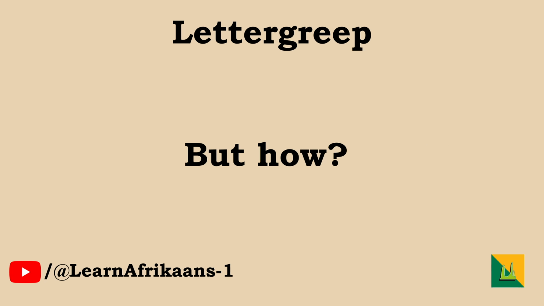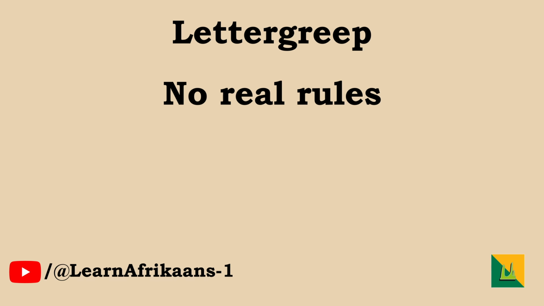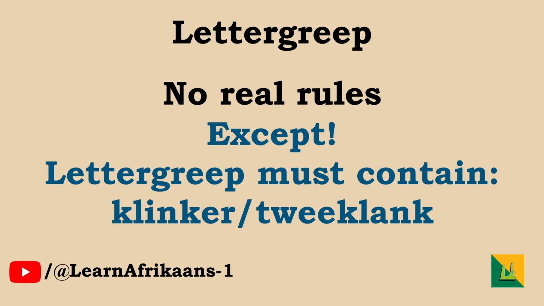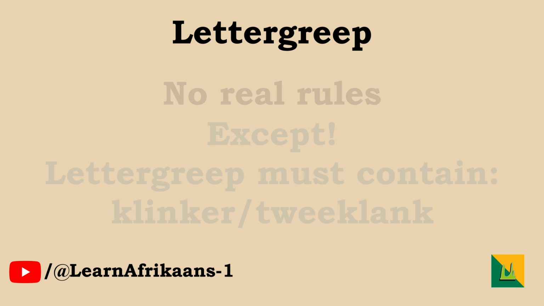But how are lettergrepe divided? There are no real rules when it comes to dividing words into lettergrepe. However, the only rule to remember is that every lettergrepe needs to contain a klinker or tweeklank.